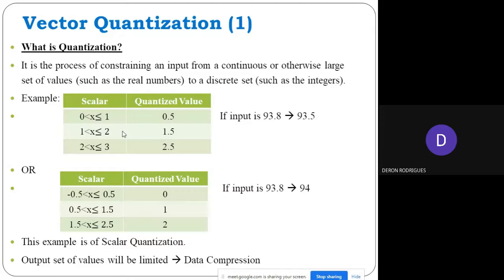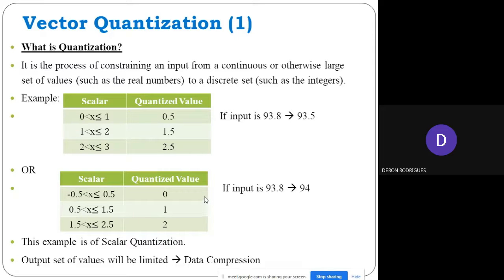From real numbers we can convert to integers, so the output will be limited data. Basically what we get is data compression, because from a large data we can get a limited data, and that is the advantage of quantization.